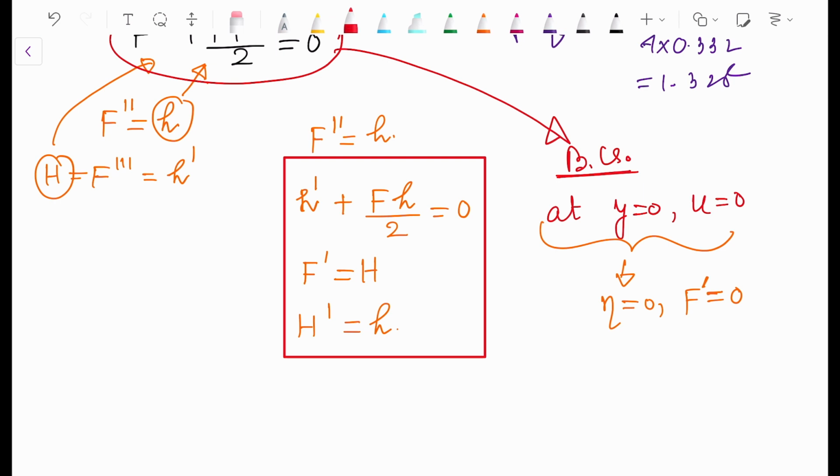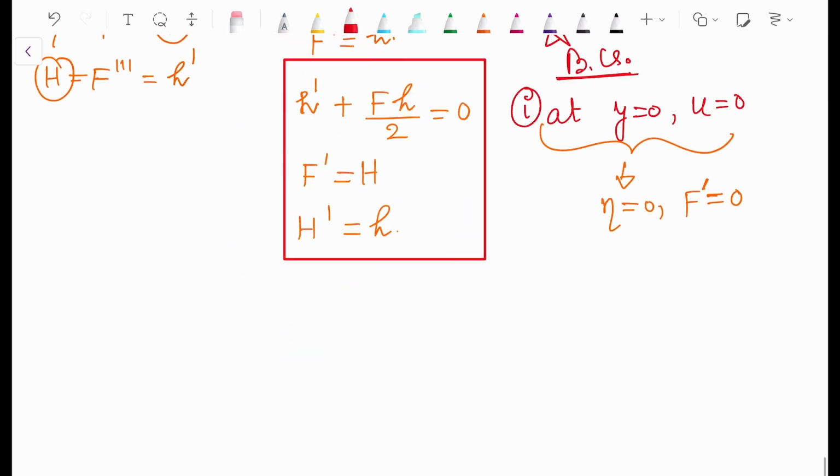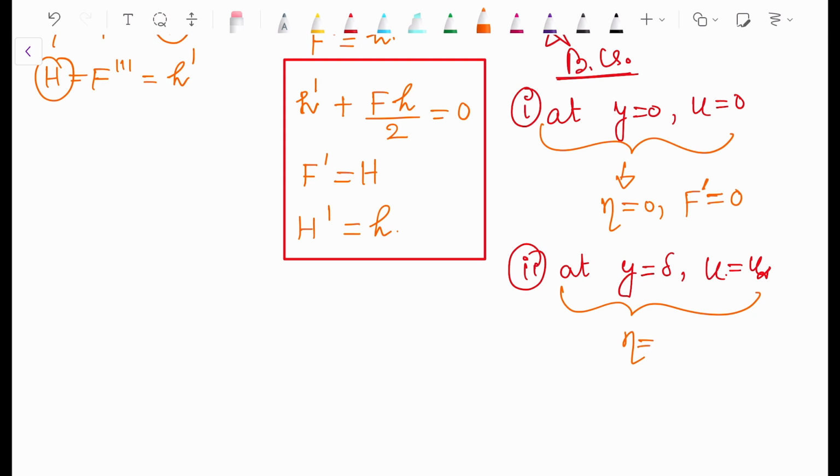Then at y equal to delta, u is equal to u infinity, that means at eta equal to 1, f dash equal to 1.